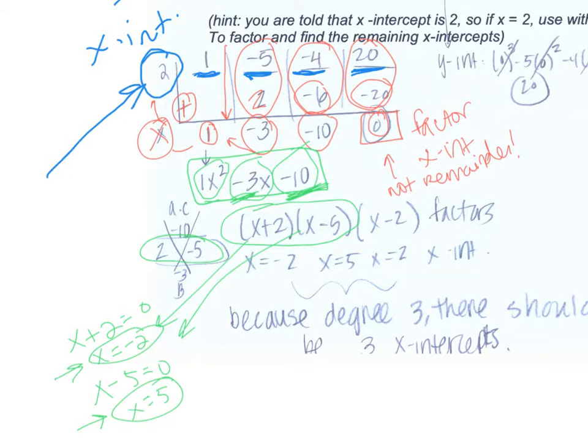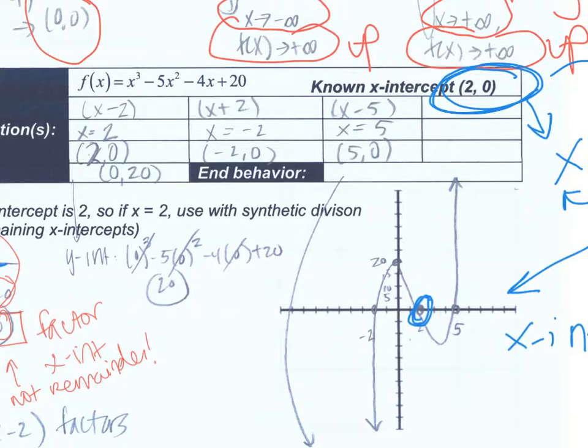Since we needed 3 x values because the degree was 3, we have all 3. As shown below, we found all of our x-intercepts. This one was given, and then we did synthetic division and factored to find the remaining 2. And these guys are their factors.